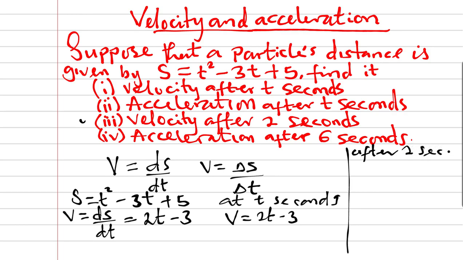That means anywhere I see t now, I'll put 2. So v equals 2 into bracket 2, minus 3. So that means my v is equal to 4 minus 3, and my v is equal to 1.